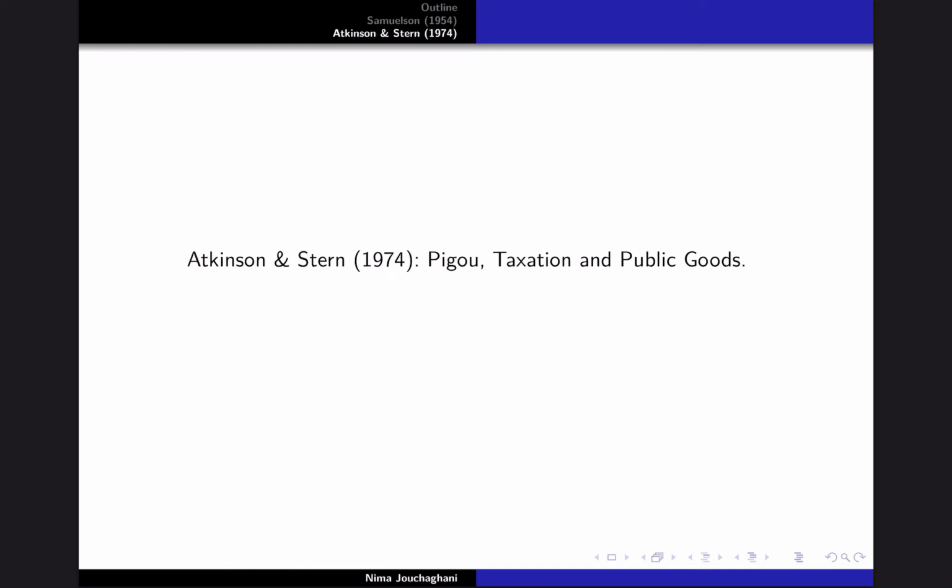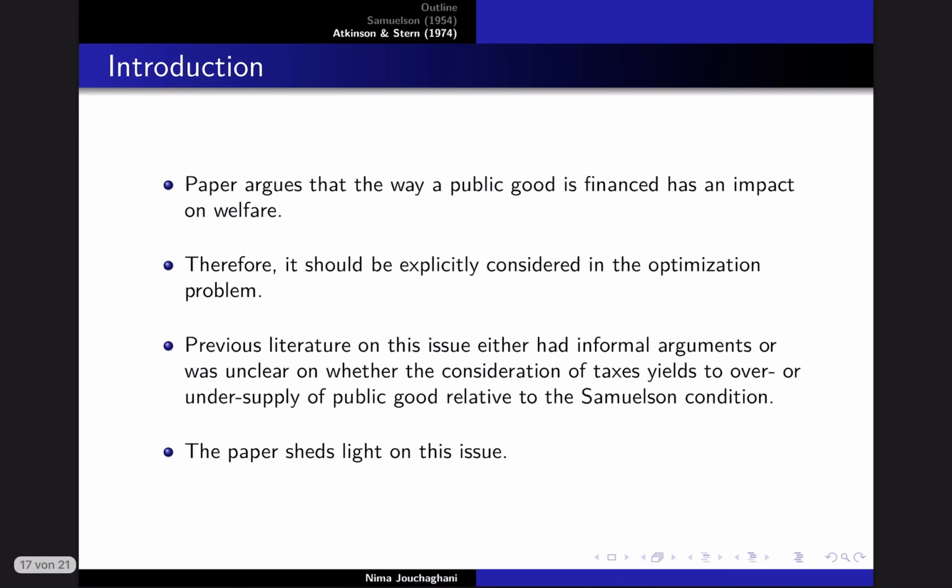So the Atkinson-Stern paper in 1974 with the title Pigou Taxation and Public Goods is basically building upon the Samuelson paper in that it can be considered as an extension where you do not finance public goods by lump sum transfers or lump sum taxes, but by taxes which cause distortion.